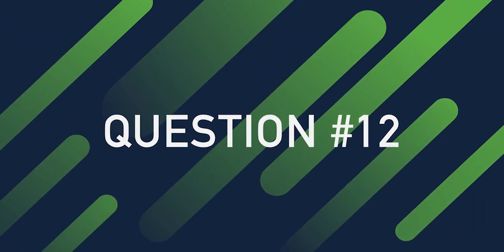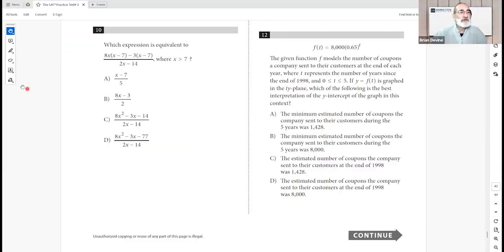Question 12. We had a problem earlier that dealt with this idea of simple growth, exponential growth, the idea that accumulation by time t is going to be our initial amount times 1 plus or minus some rate to time. So a function of t here.